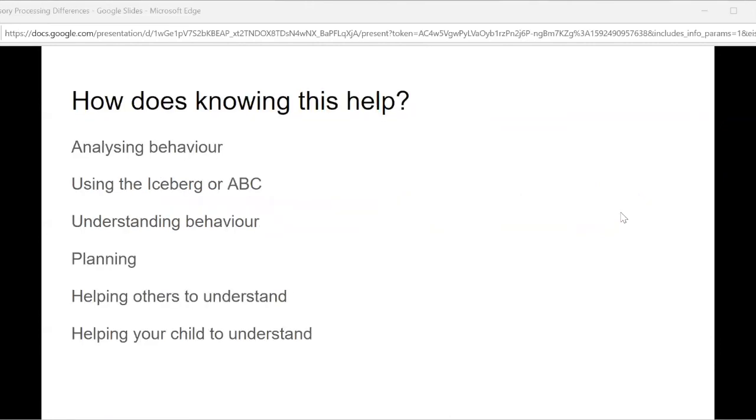So that's a brief look at all of those senses, just to help you try and understand some of those behaviours that you might see within your child. And so how does knowing this help? You might be thinking, well, okay, so if they've got difficulties, how can that help me? It can help you when you're analysing behaviours that you might see. And if you joined us for our webinar on analysing behaviour, we talked about the iceberg and the ABC.